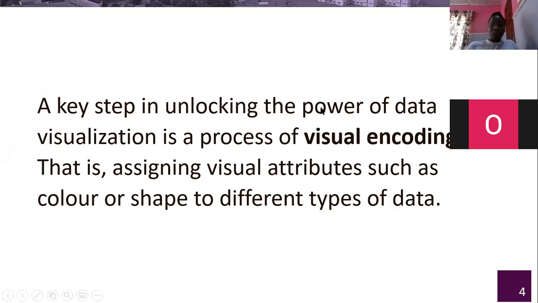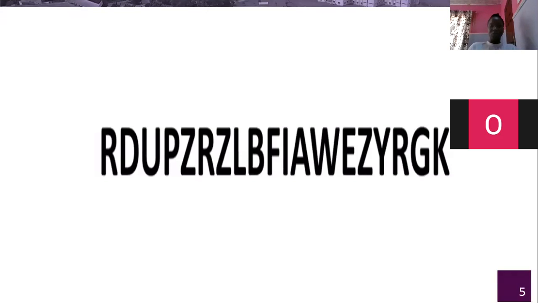There's something called visual encoding, and the purpose of visual encoding is to assign visual attributes like color or shape to different types of data. Now, if you have a chart like this, and the purpose of this chart was to help your audience identify the fourth consecutive sequence in the letters, and you present this type of visualization, it's difficult for them to understand because everything is just there.